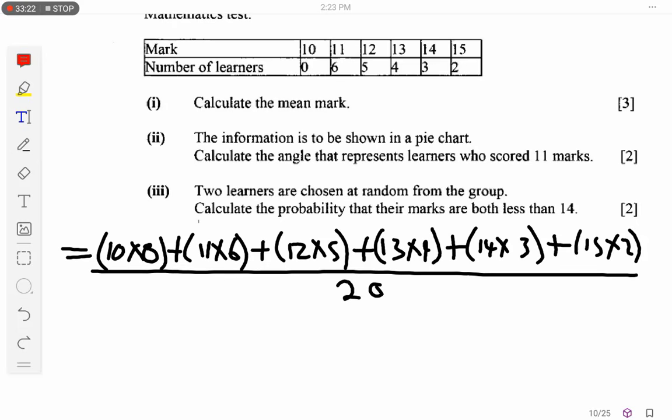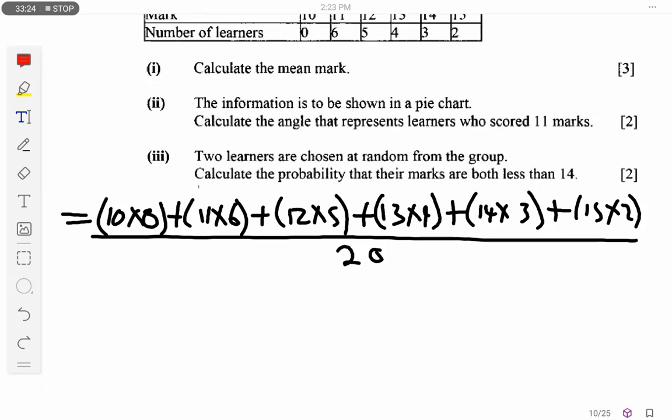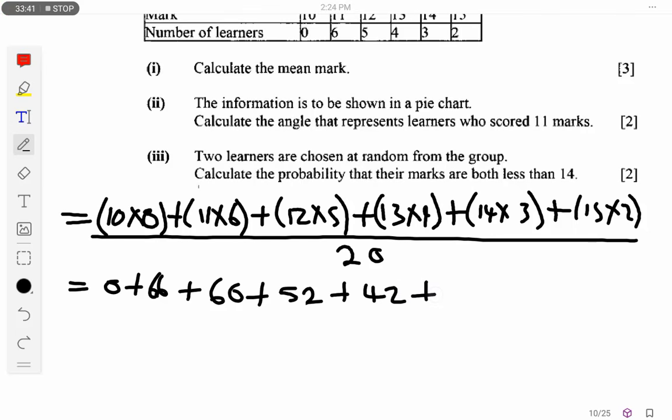Okay, so let's add together. If we add together, we are getting here 0 plus 66 plus 60 plus 13 by 4, we get 52 here, plus 42 plus 15 by 2, that's a 30 there, all over a 20.